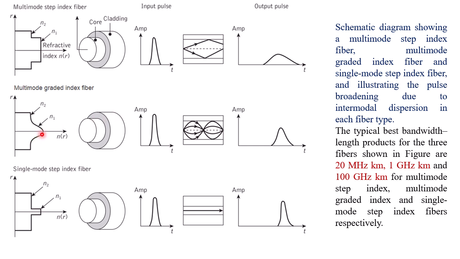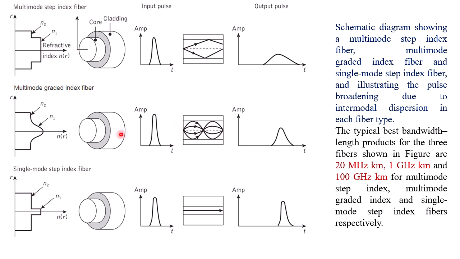For multimode graded index fiber, the radius is comparatively higher than the step index fiber, but the only variation is the refractive index. Here the refractive index is not showing any step, rather it is changing gradually, right?